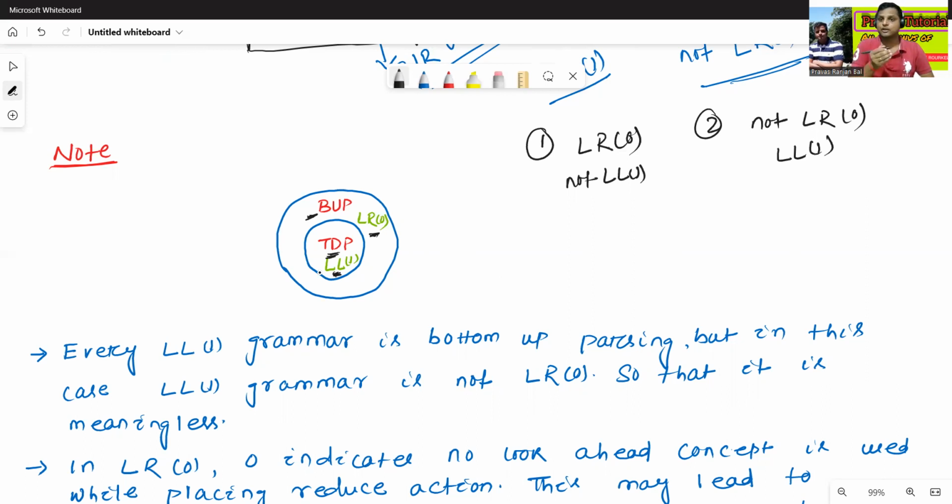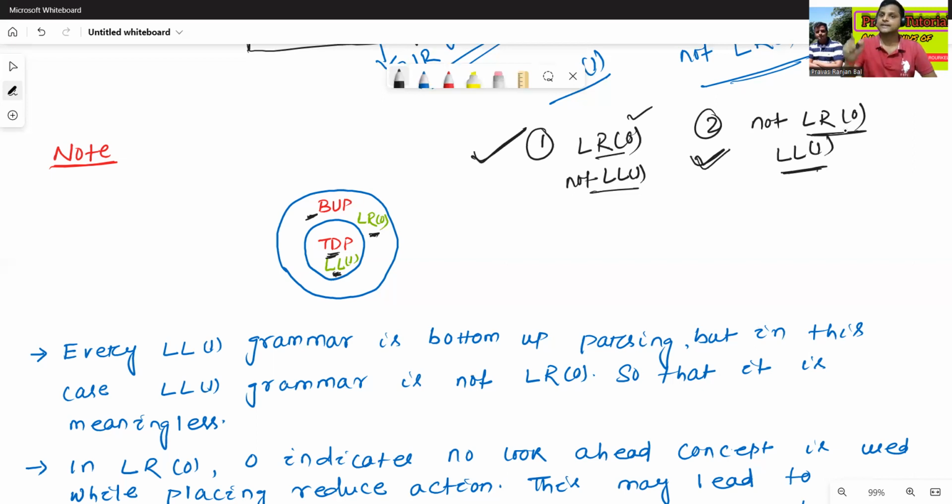Okay, this is the actual theory. So if a grammar is LR0, it may or may not be LL1. The first concept is true. But in the second case, if a grammar is LL1, it must be an LR0 grammar.